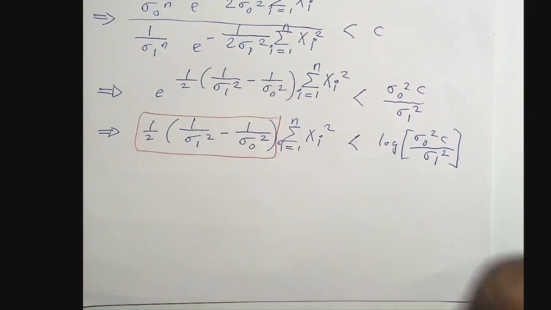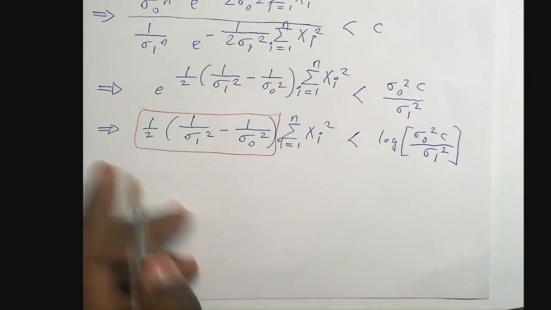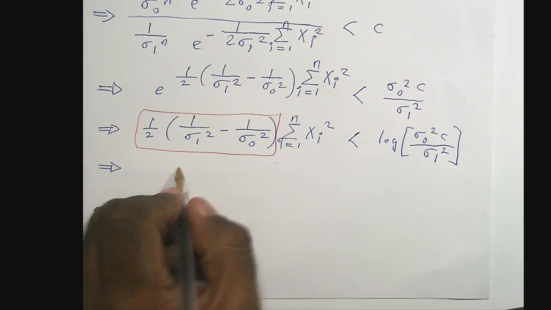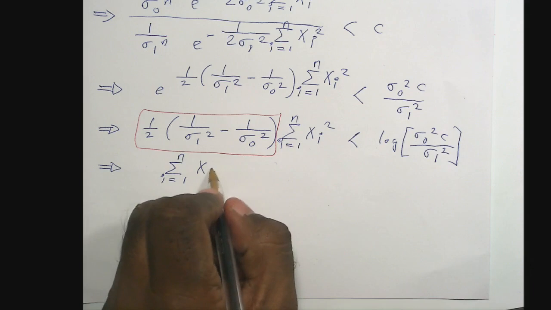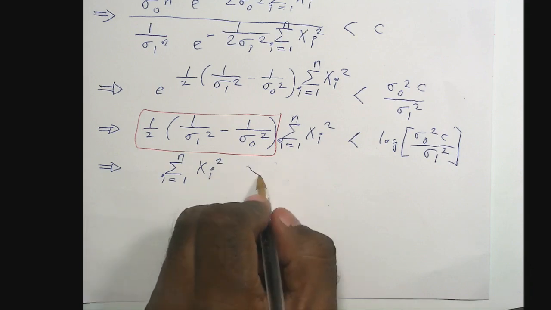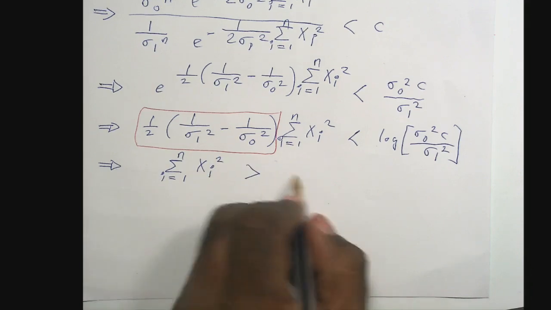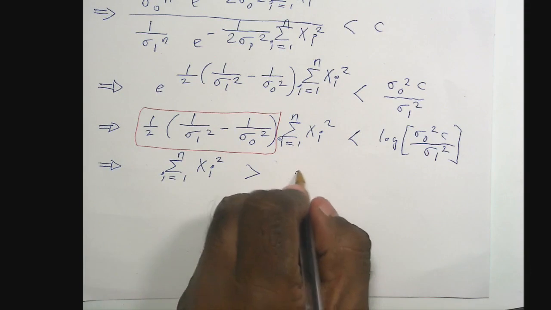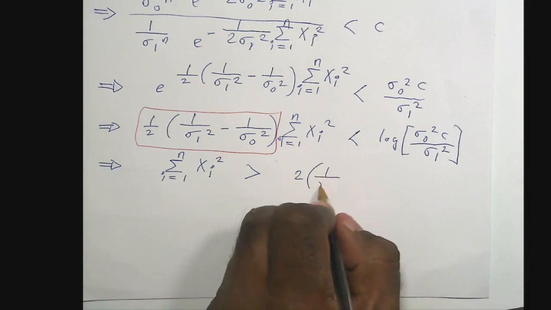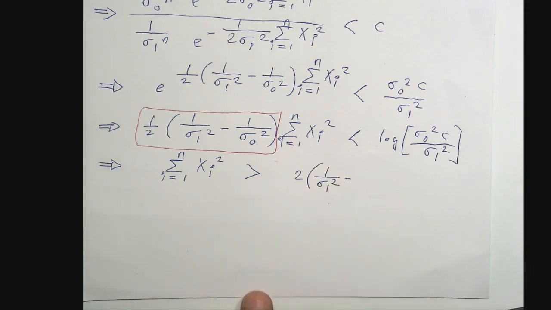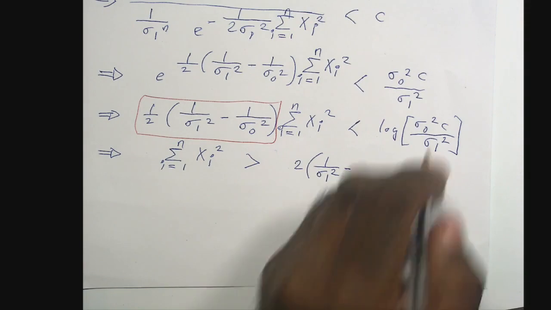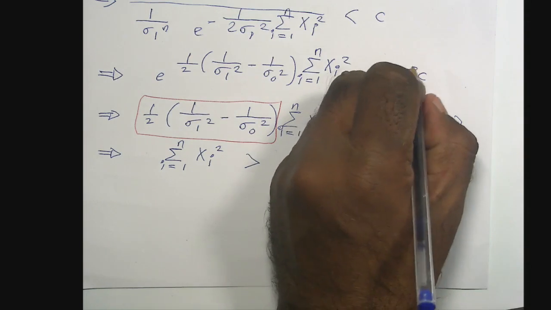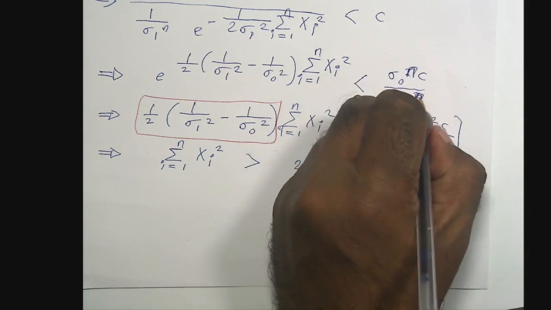So that will give you the sum of xi squared is greater than, and the reason why it's greater than I will explain in a minute, guys, is 2. I'm sorry, I think the power is 2. Oh yeah, you're right. Thank you, sir.